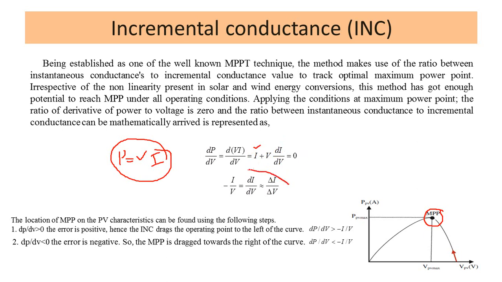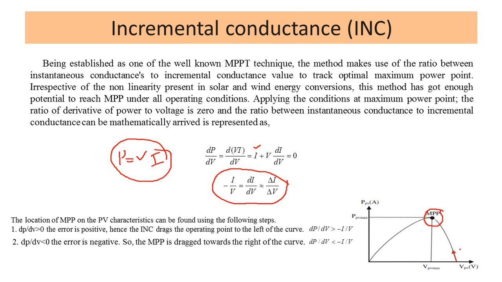You get this fundamental equation: minus I by V is approximately equal to the change in current over the change in voltage. So what does it mean? The conductance I by V is almost equal to the change in current and change in voltage, which means the change in voltage and current is going to be 0 at this particular point. That is what it means.